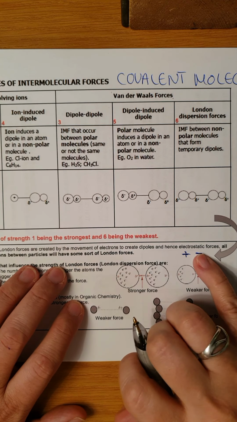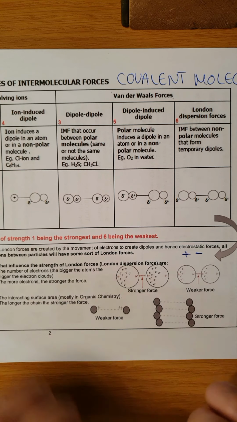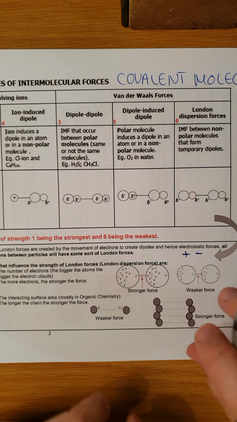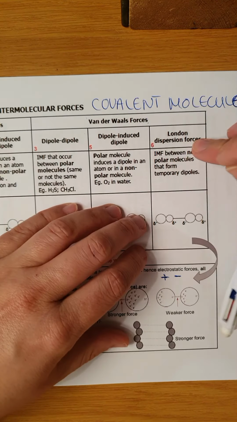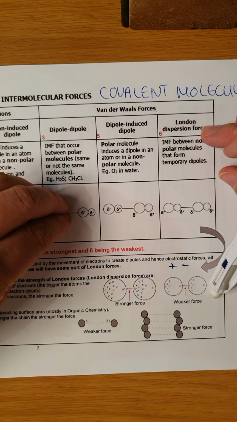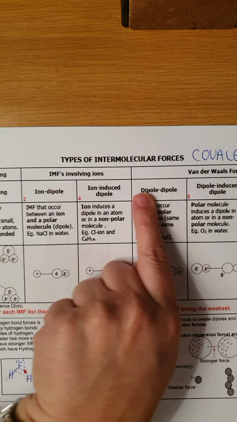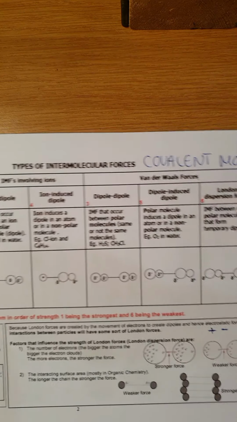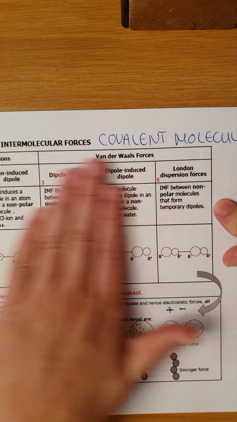All interactions between particles will have some sort of London forces. So that's what I've been saying. Even water can have London dispersion forces and hydrogen bonds, so be careful with that. In other words, all of these now also have London dispersion forces. But if you've only got London dispersion forces, you can't have all of those.